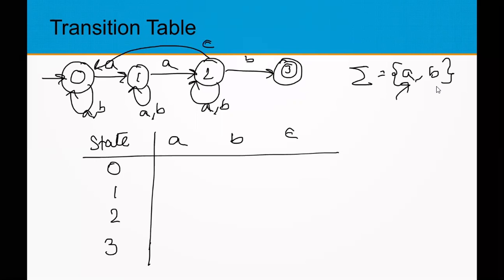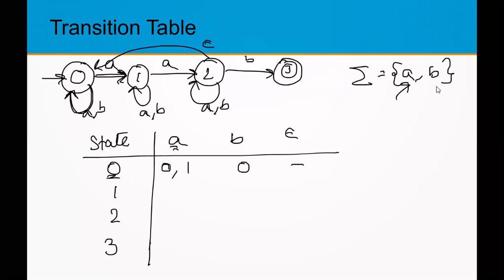Now let's see 0 on A. What are the transitions? 0 on A can go to 0 again by following this transition, and 0 on A can go to 1. So it is 0 and 1. Similarly, 0 on B can go only to 0. And 0 on epsilon: there is no epsilon transition from 0, so it is empty.